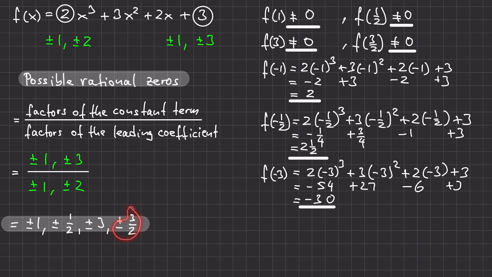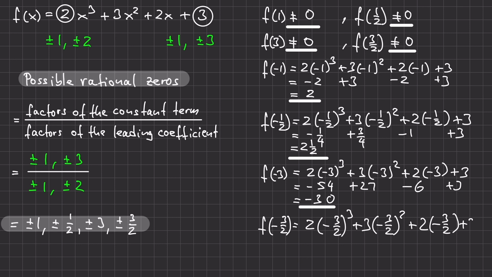f of negative 3/2 equals 2 times negative 3/2 cubed plus 3 times negative 3/2 squared plus 2 times negative 3/2 plus 3. Negative 3/2 cubed is negative 27 over 8 times 2 is negative 27 over 4.